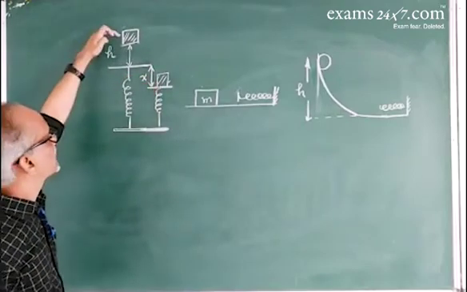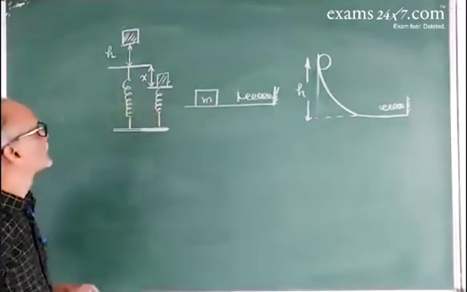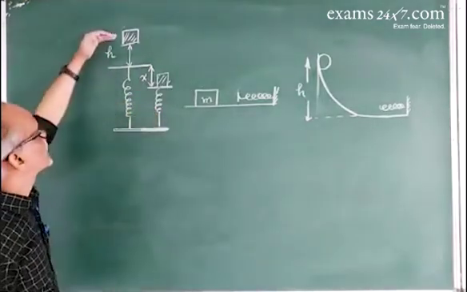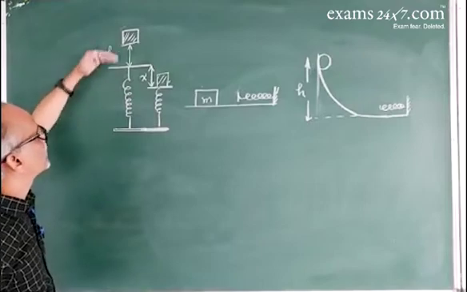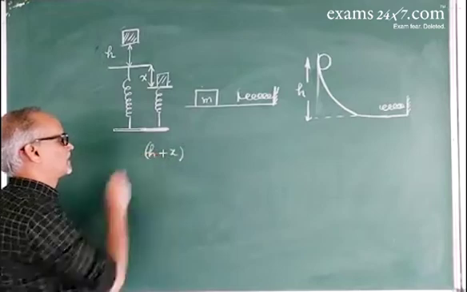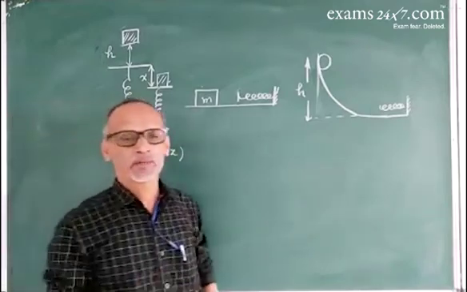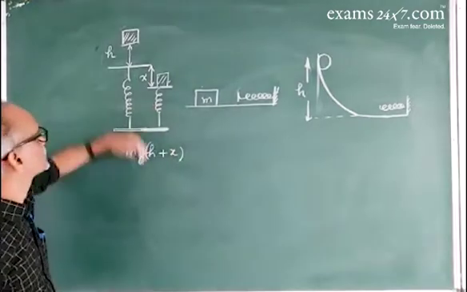When the block is at a height, the energy possessed by it is potential energy. So what is the total distance covered by the block in falling? It is h plus x. And if I multiply by mg, I'll get the total change in its potential energy.